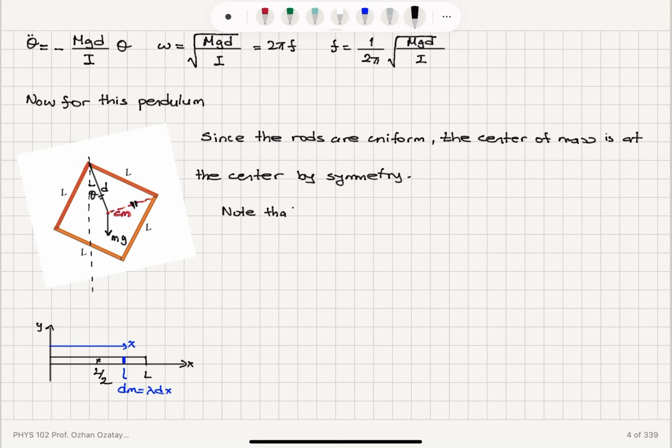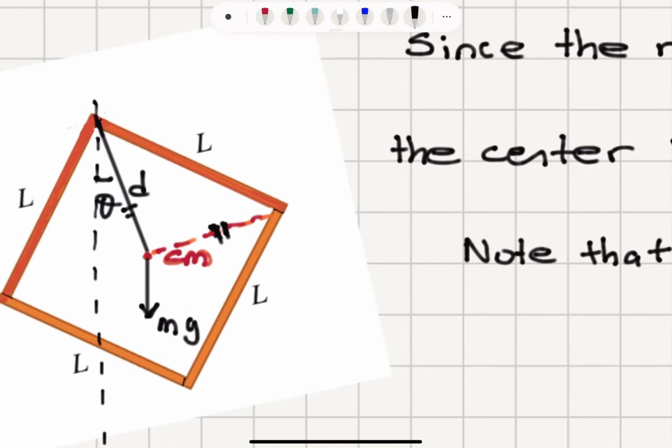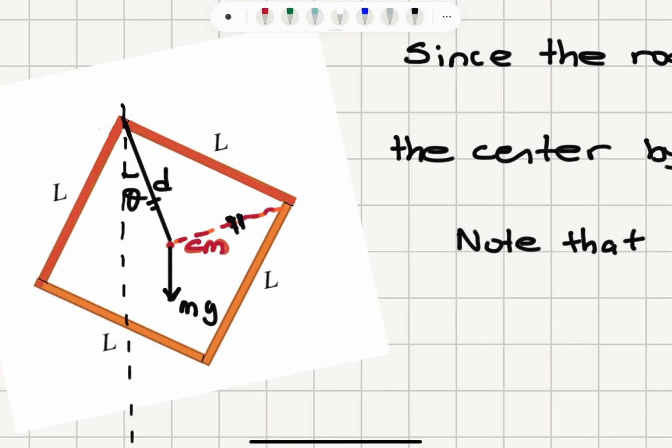So the distance d will be equal to half of one diagonal length, L square root 2 over 2, or L divided by square root 2. So you can see we have a 90-degree angle here, and we have the same distance from the two sides, and these angles are 45 degrees.